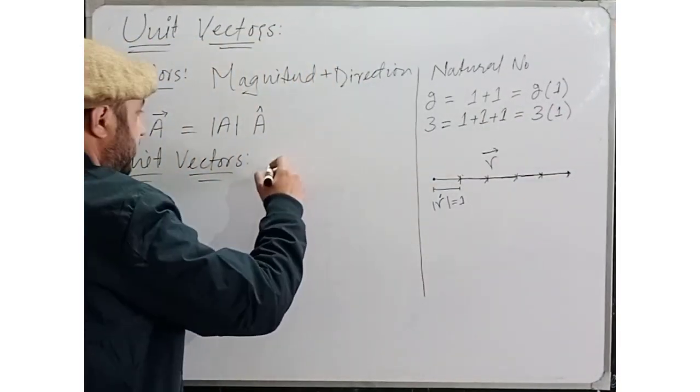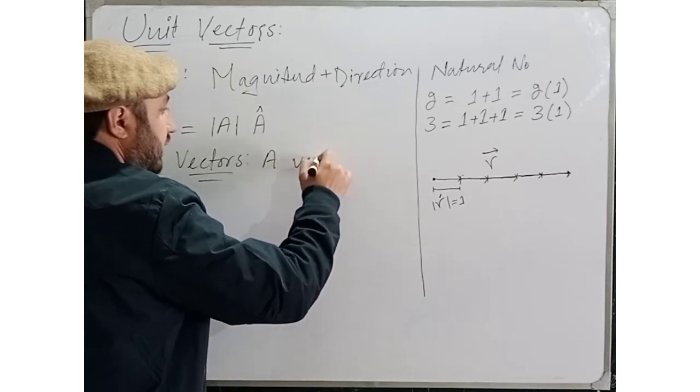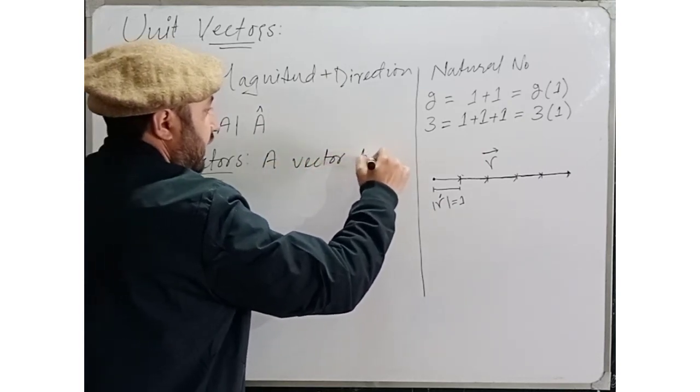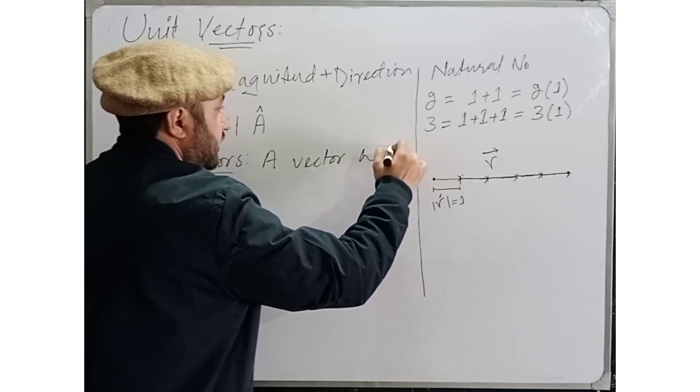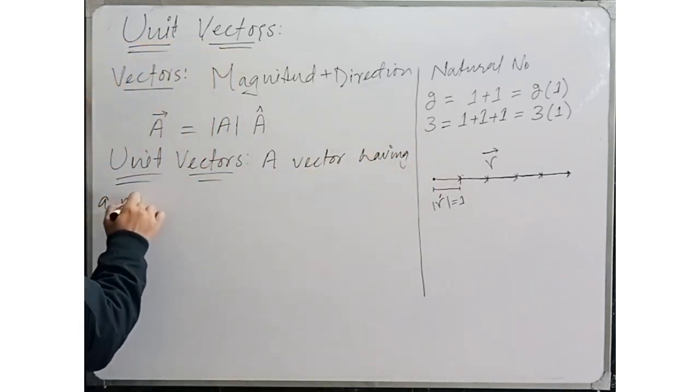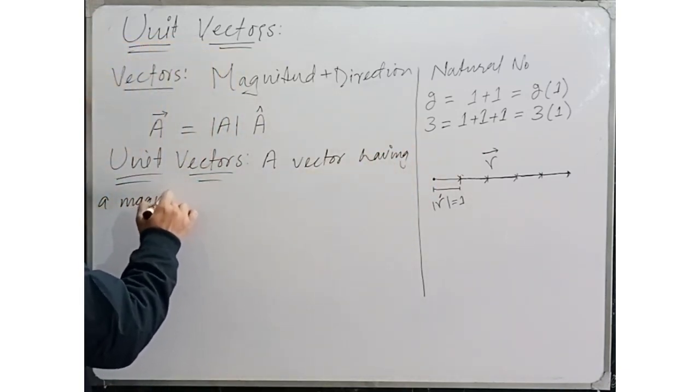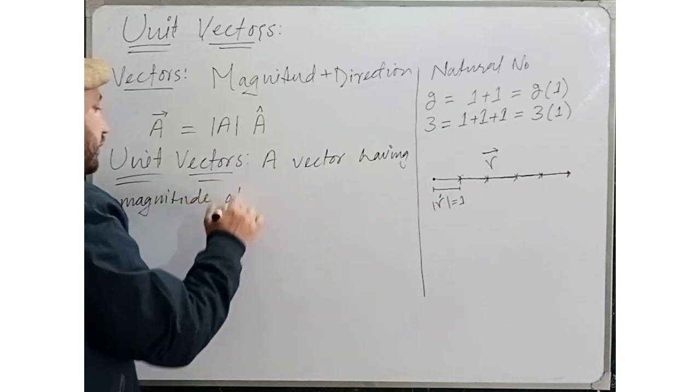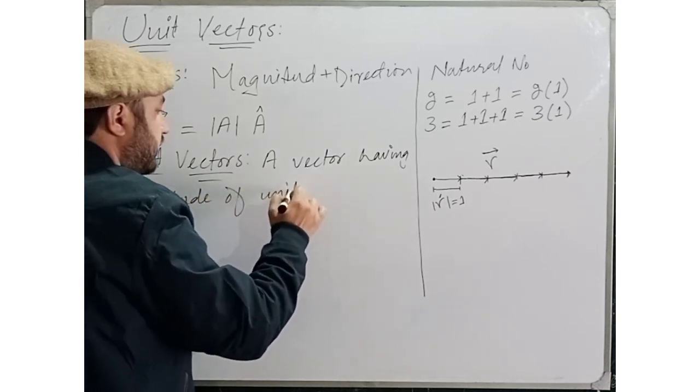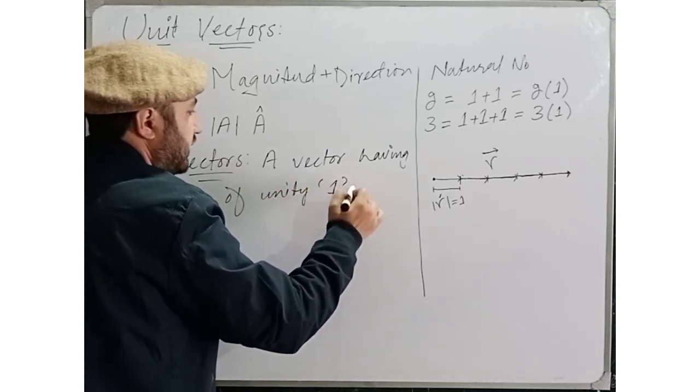So it is a vector having magnitude of unity, or one magnitude, right?